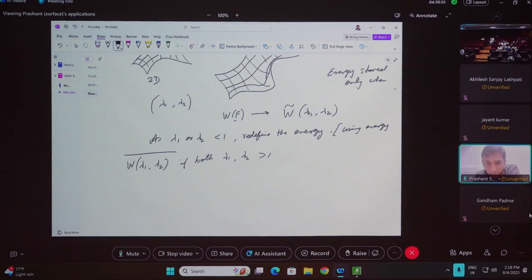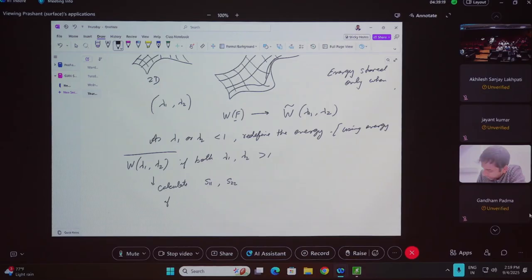And let's say one of them becomes less, and how do you check that? What you'll do is calculate the principal stresses, S11 and S22, in both 1 and 2 directions.